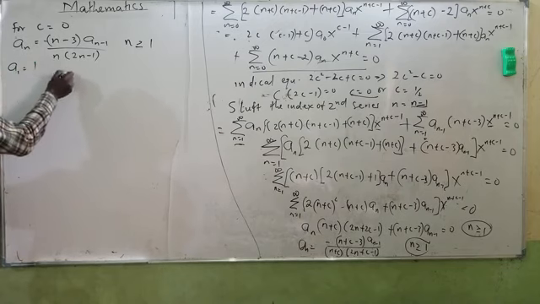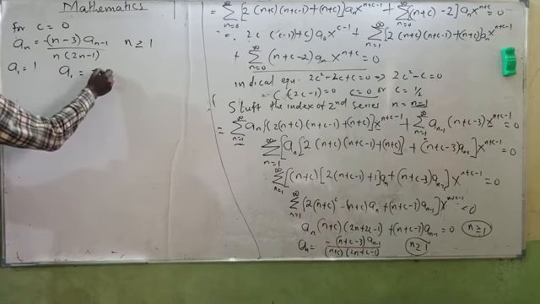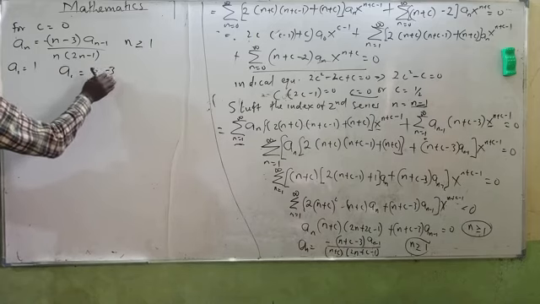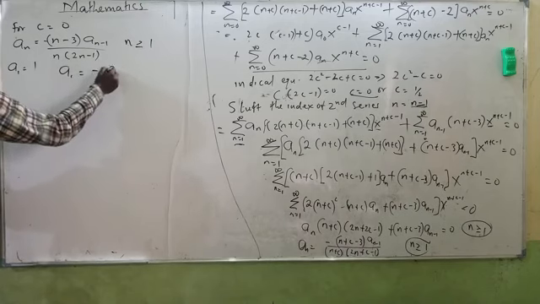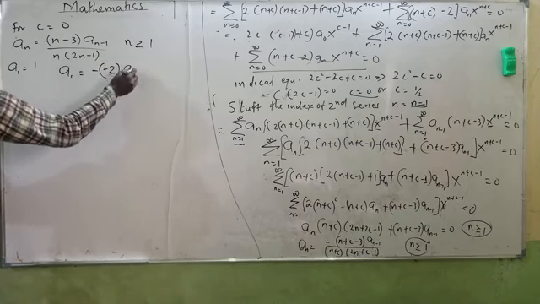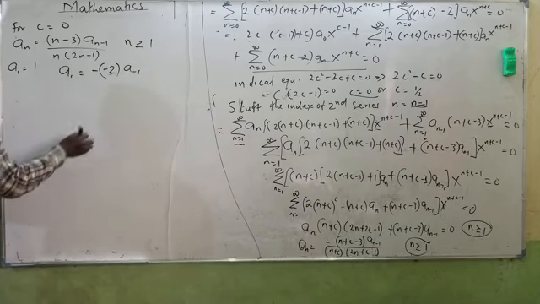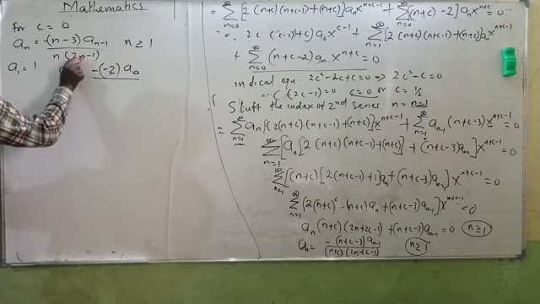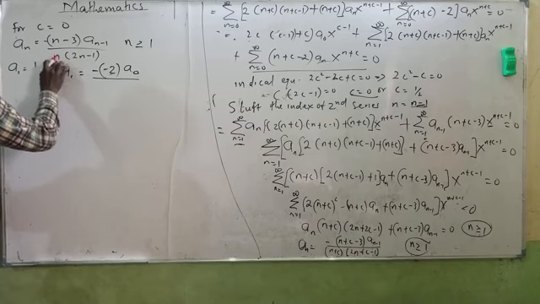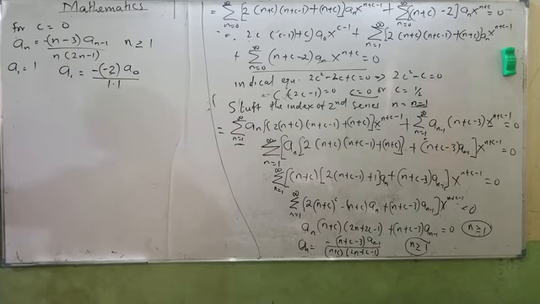It means it will imply a of 1 will be equals to minus 2, and a of n minus 1, which is a naught, sorry, a naught divided by 1 times 1, that is 1, of a naught.